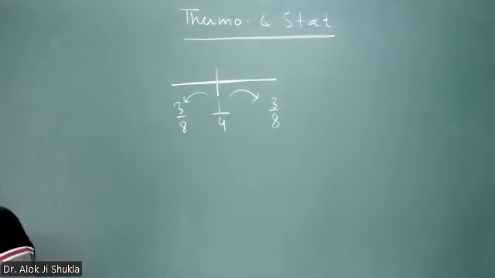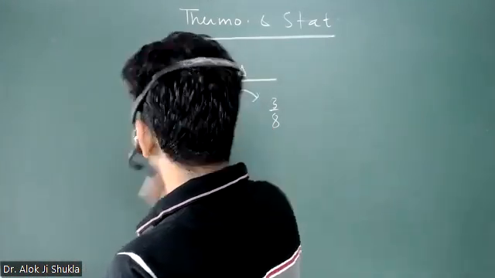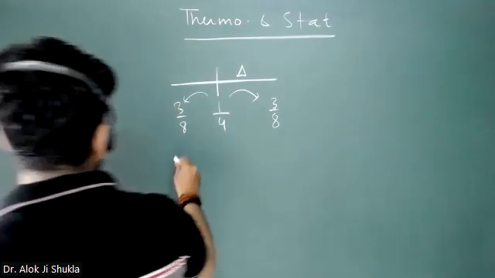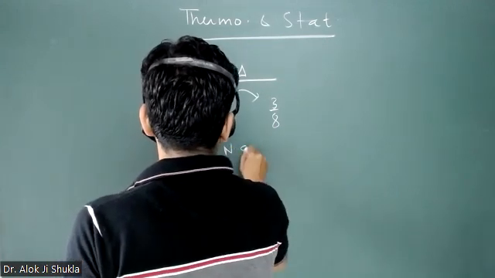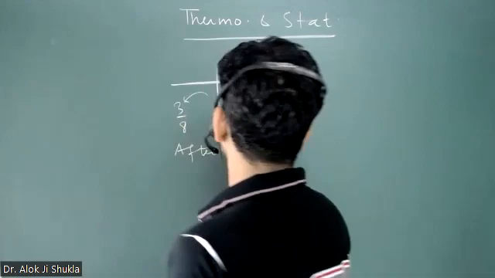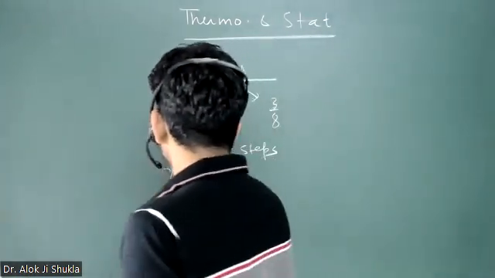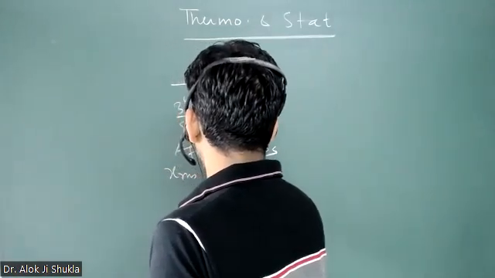Okay. And the step size is this delta. After n steps, its root mean squared displacement x RMS is equal to question mark.